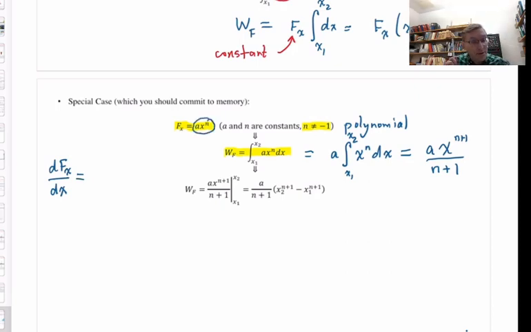That you should be able to do. Polynomial function, right? The multiplicative constant a gets carried along. You bring down the exponent and put it out front, n. Then you multiply that by x to the n minus 1, decreasing the exponent by 1. So n times a times x to the n minus 1. That's the derivative of the polynomial function.